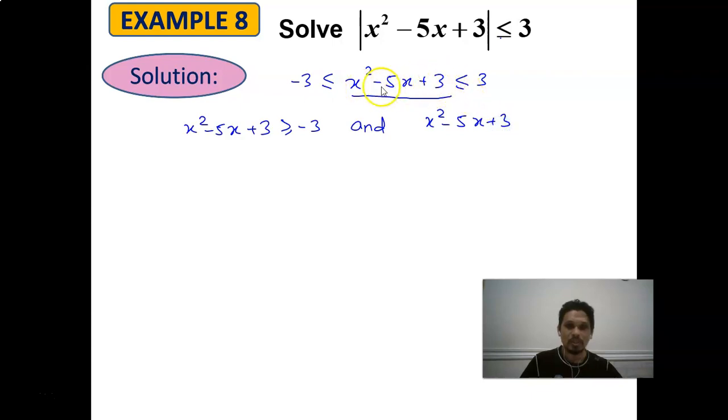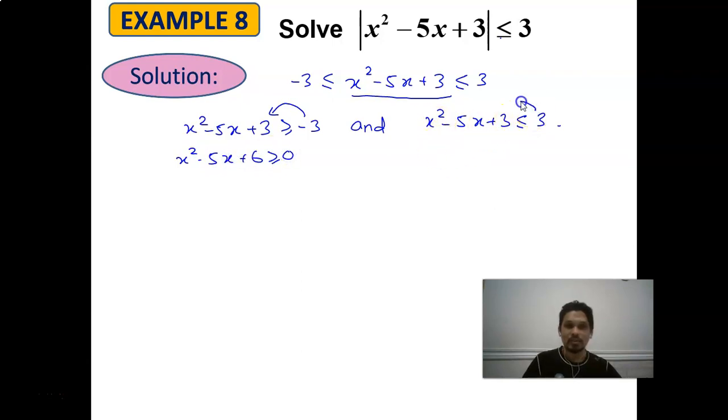And the other is this quadratic less than or equal to 3. Bring the -3 to the other side, it becomes positive, so we get x squared minus 5x plus 6 greater than or equal to 0.